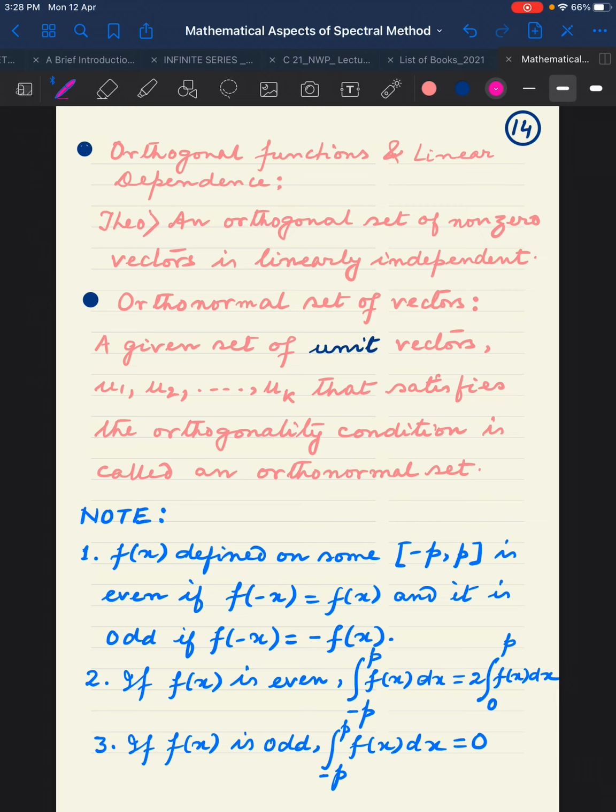I repeat, the extension theorem states that a set of linearly independent vectors can be extended to a basis.